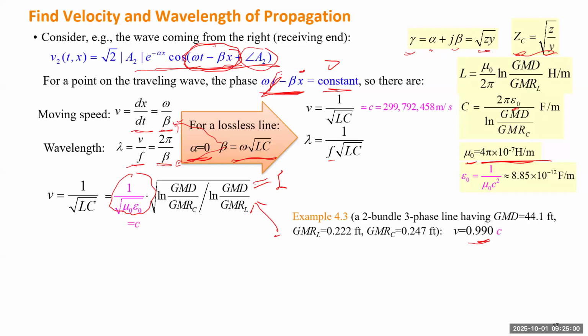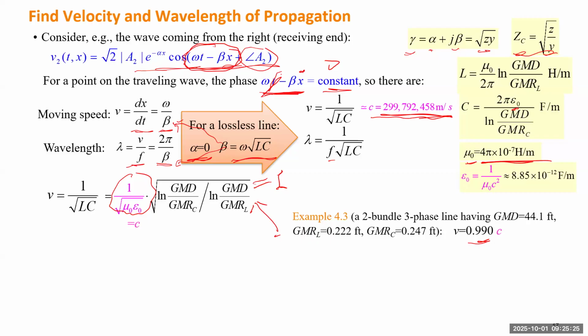We know the speed of light is a defined value. It's not a measured value. It's exactly 299,792,458 meters per second, which is roughly 300 million meters per second.